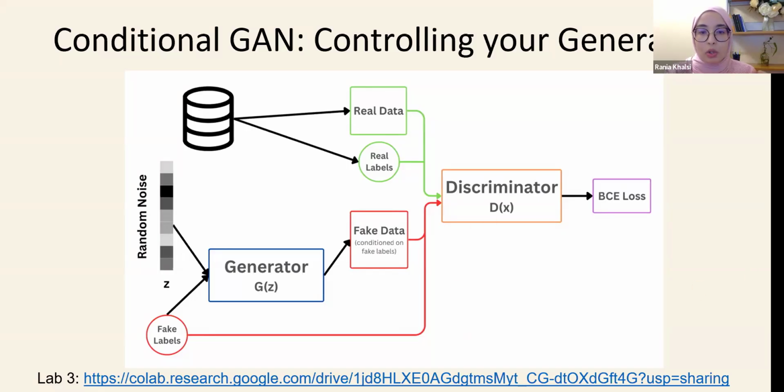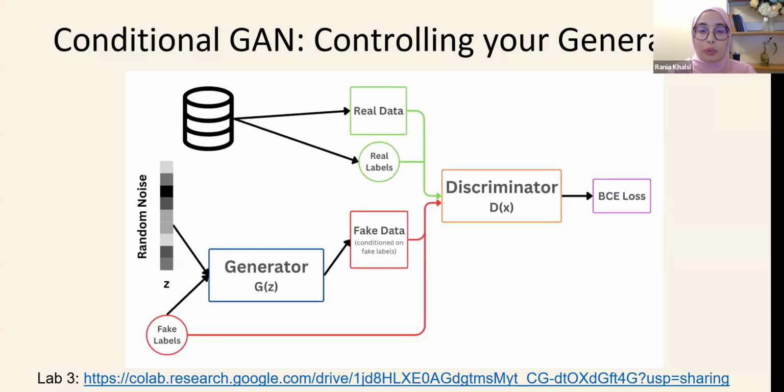So we can condition in several ways by adding the label information: concatenating it, embedding it. You just try to learn these three. In our lab we are going to use the simplest.